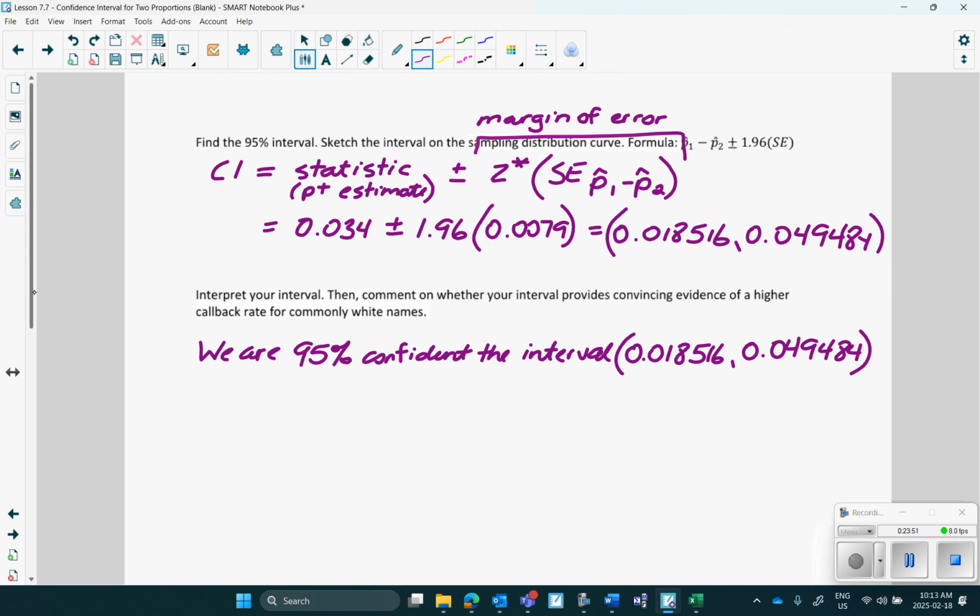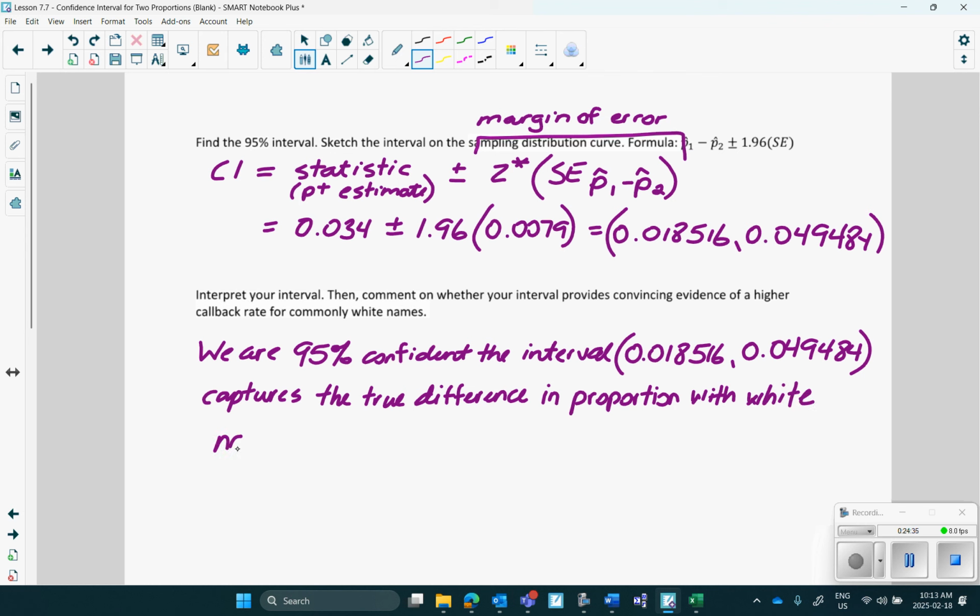So we are 95% confident the interval here captures the true difference in the proportion of, I'll just put, commonly white names versus black names.